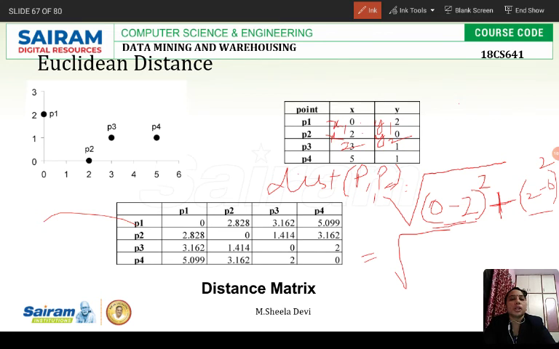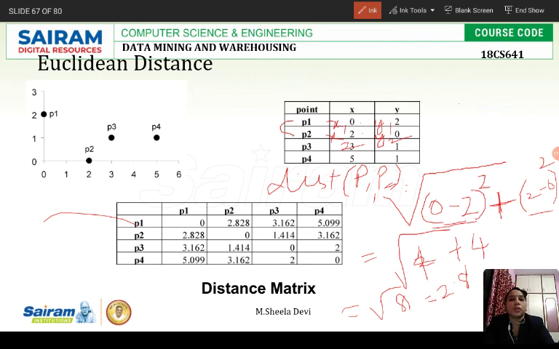So what is 0 minus 2 the whole square? That is 2 square, which is 4, and plus 2 minus 0 is also 2, that is 2 square, that is 4, which is equal to root of 8. Root of 8, if you calculate using the calculator, is 2.8. This is the distance between P1 and P2.